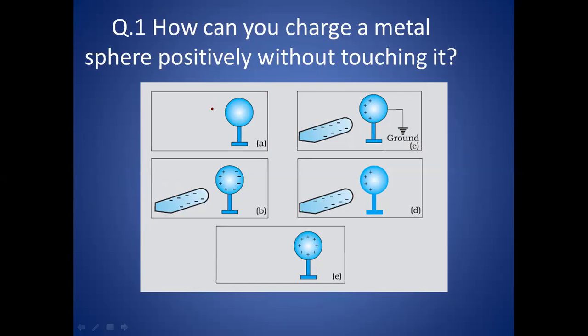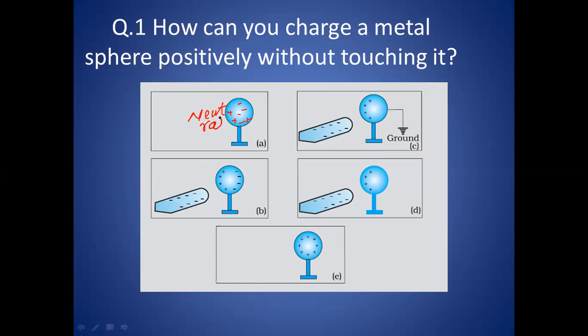So let us see how we can do this. Suppose we bring a plate of negative charge near this sphere. What will happen? This sphere has positive charges and negative charges, and both are equal. So this atom is neutral.